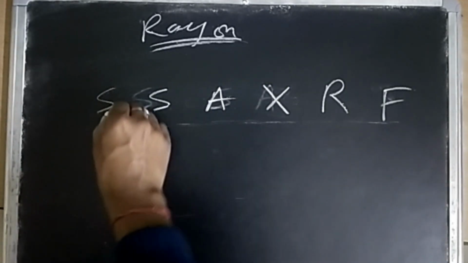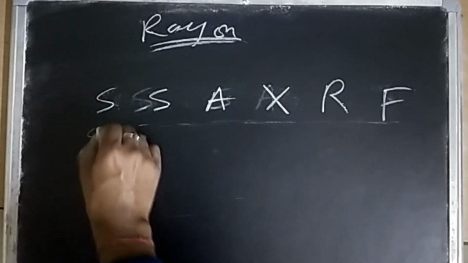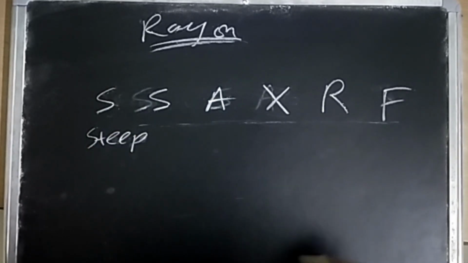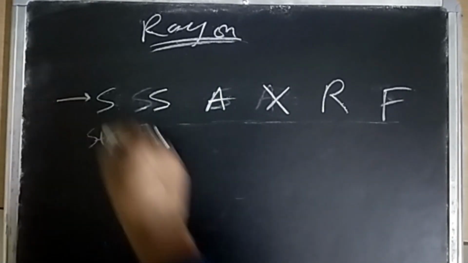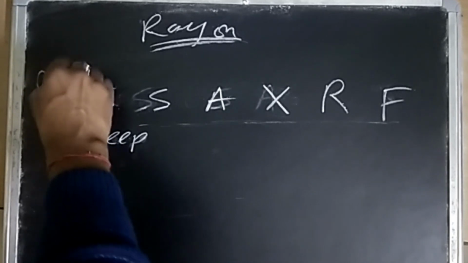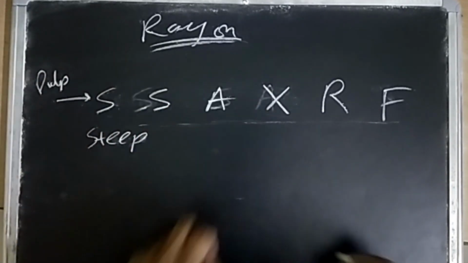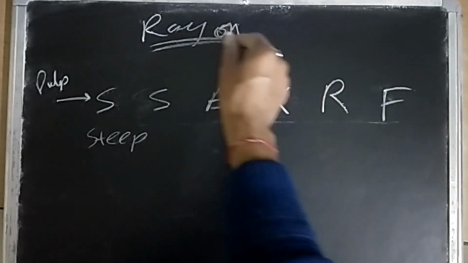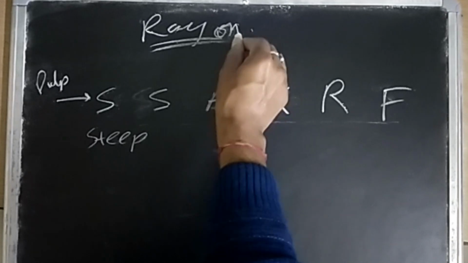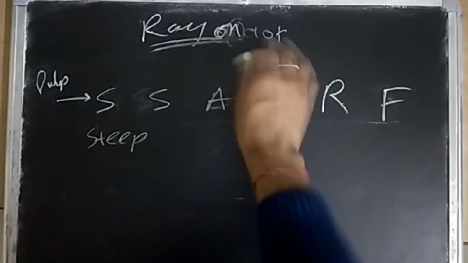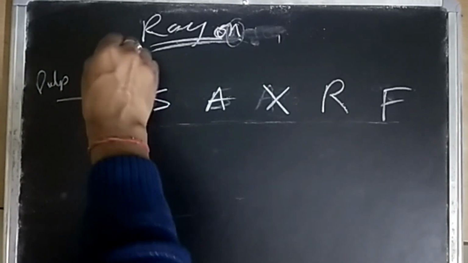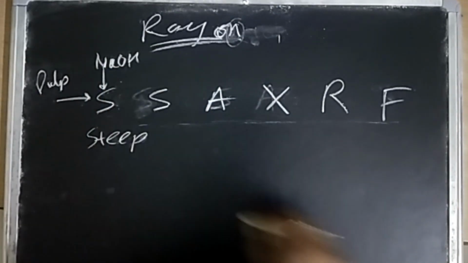First we do the steep process. We put the pulp here, and to first get rayon, a way to remember: N is the last, that means NaOH. We put first NaOH, alkaline cellulose plus NaOH, base, alkaline.